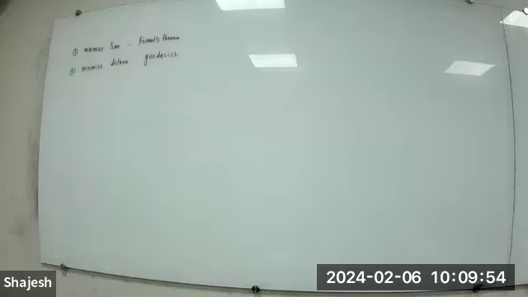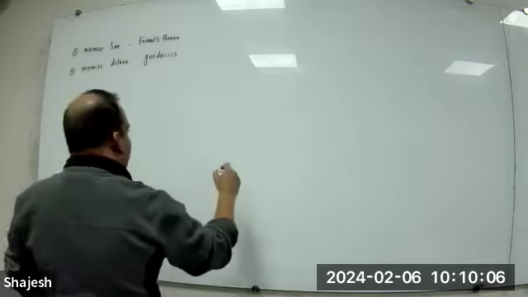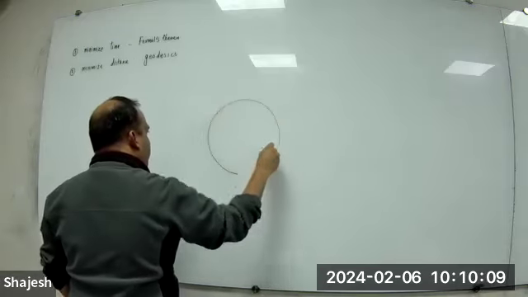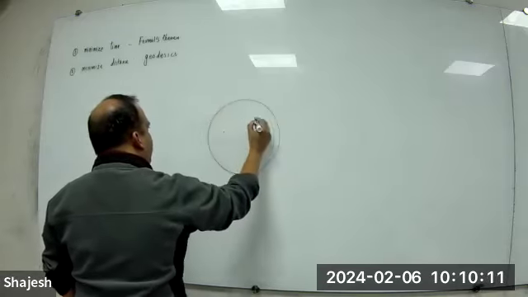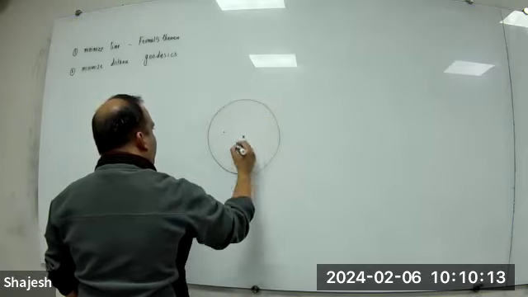So the way to do it is, you know how an equator works, right? Equator is a circle that goes through the center of the sphere, right? So maybe you can try to draw. Have a sphere, let's say there are 2 points, and that's a center.